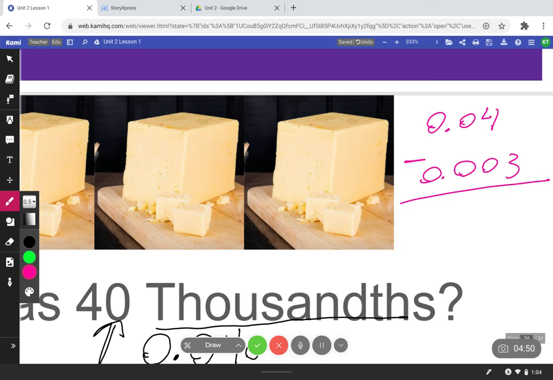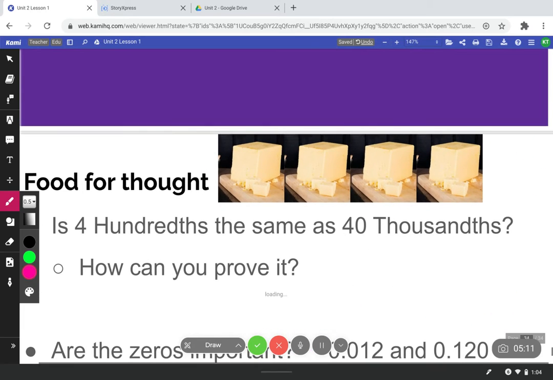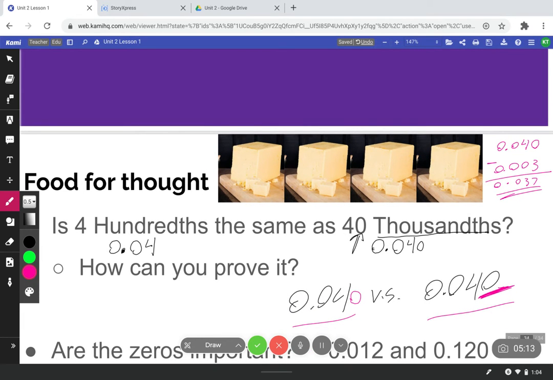Well, how would I do that? I make it 40 thousandths by putting that 0 there so I can subtract easily. So now I'm just doing, what's 40 minus 3? And because we put that 0 there, it makes subtraction a lot easier to tell us 37 thousandths. That's why we would reveal the 0, because we're using it.